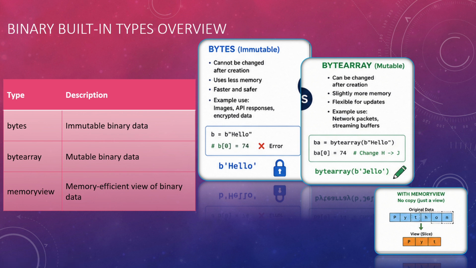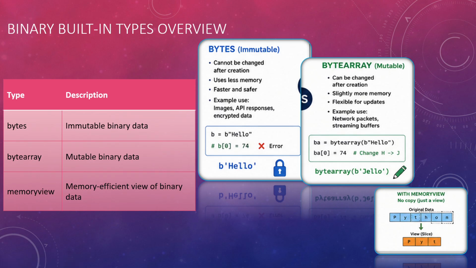I'll tell you the importance of that later on, but it's important because it is related to binary, so I'll be covering it in this session too. So there are two binary data types, bytes and bytearray. What is the difference? Bytes is immutable binary data and bytearray is mutable binary data.